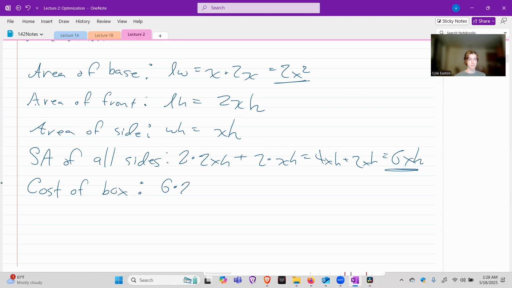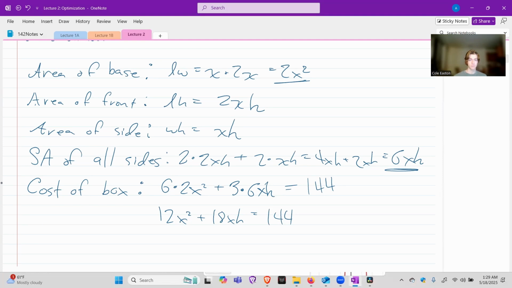So it's going to be 6 times 2x squared plus 3 times 6xh. And we know that the cost is going to be $144 because that's our budget. So if we simplify this a little bit, we have 12x squared plus 18xh equals 144.